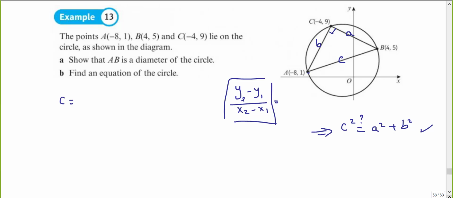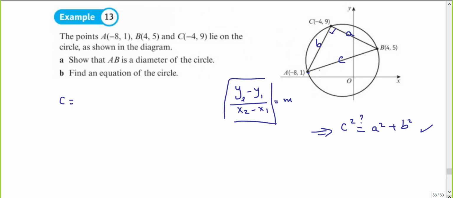Now we want to find the diameter. This rule is used, as you said, to find the gradient. You gave me so many choices, and at the end you said gradient. Gradient is correct. So if you want the gradient, m, then use this rule.